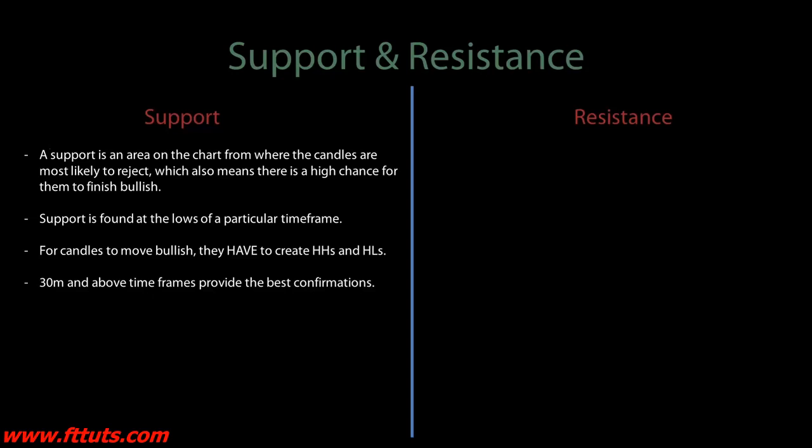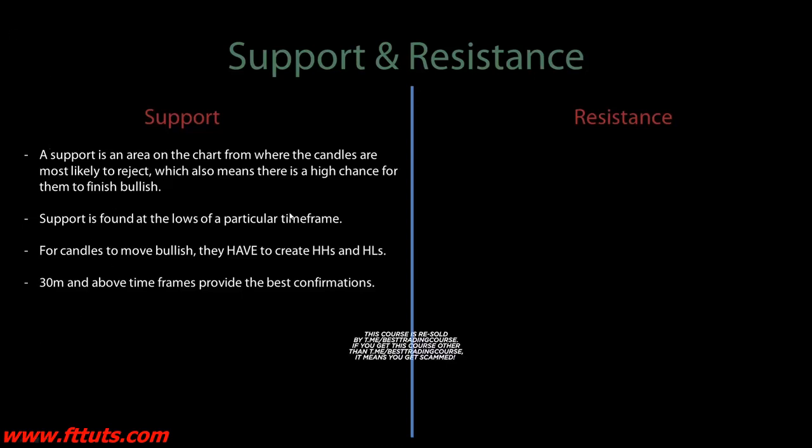So when you're drawing a support on the 15-minute time frame, there's a low probability that that support is going to get respected, because that's a very weak time frame. So when you're looking at supports, you're looking at a higher time frame, like the 30-minute time frame, the 1-hour time frame, because those time frames are much more prone to get respected, right?